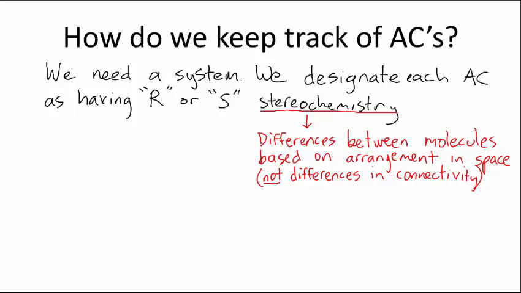And so we have this system, just like for double bonds, we could say it was E versus Z. For asymmetric carbons, we call them R or S.